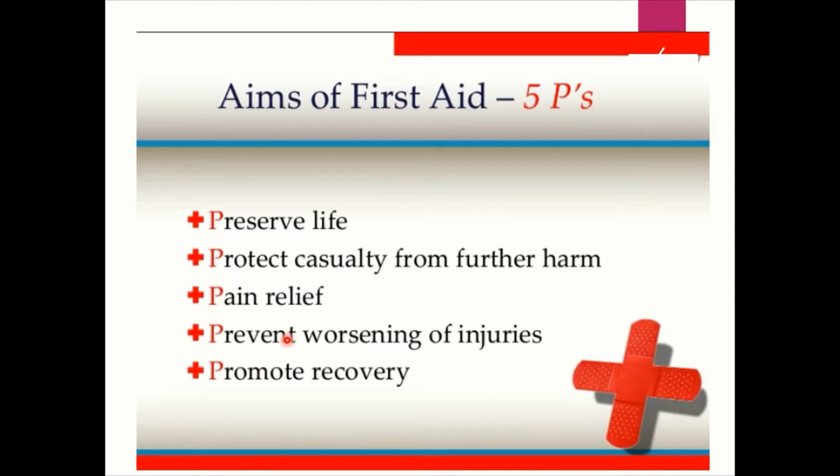Then you want to prevent worsening of his injuries. And finally, your aim should be to promote recovery. And all these aims should be very clear in his mind while he behaves in a very cool and calm way so that the patient also feels relaxed.